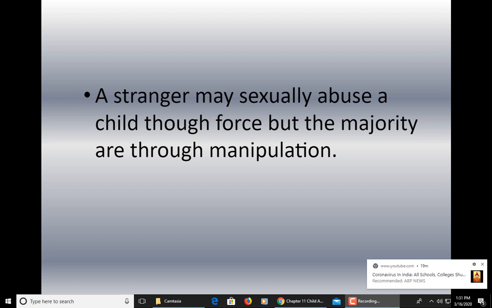So to make sure I'm not confusing anyone here, it's very unlikely for anyone to use force on a child. But if someone is going to use force on a child, it's going to be a stranger, because with people who know the child, it's easier to manipulate them through the grooming process. A stranger can try to manipulate the child, but it's also a lot easier for them just to use force on the child to get what they want.